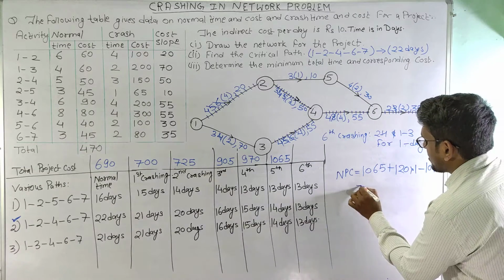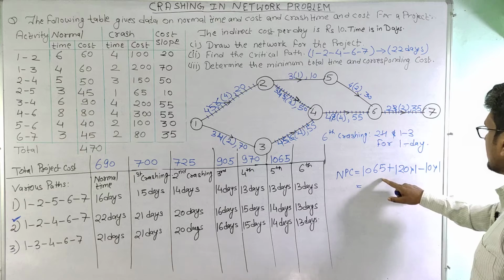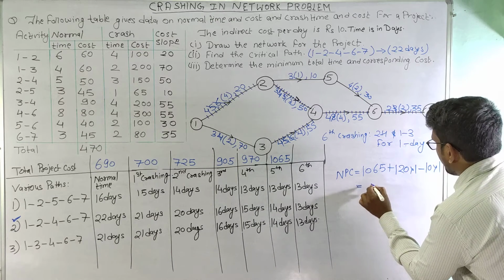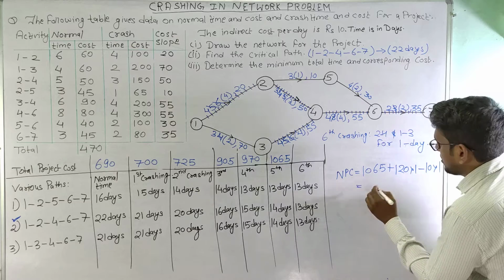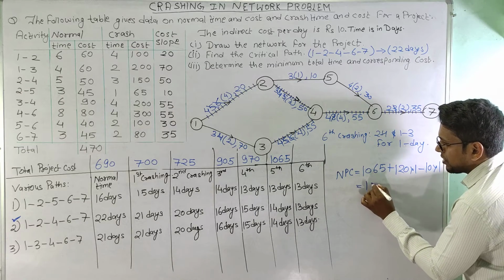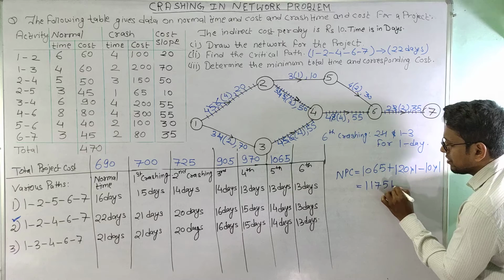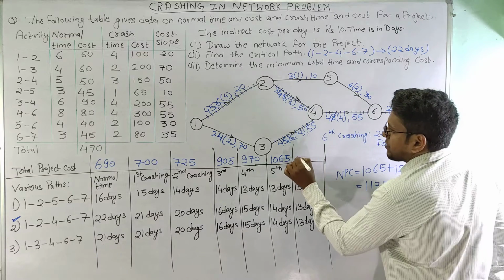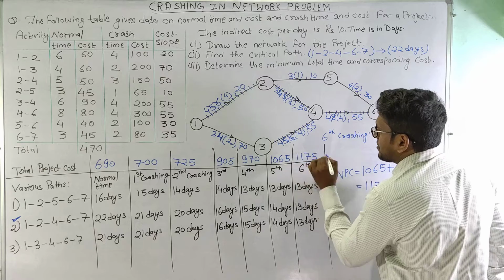So 120 minus 10 is 110, and the total cost here is 1175 rupees.